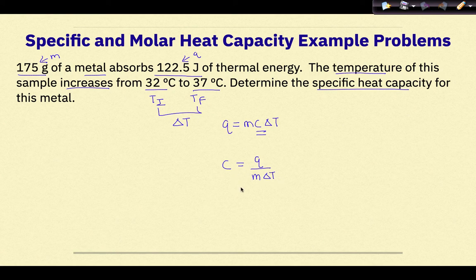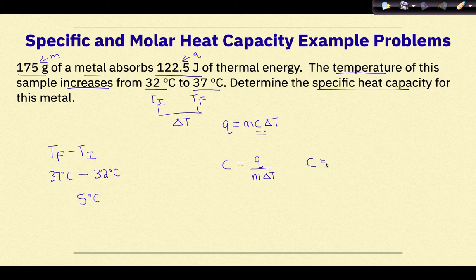Before I plug all my variables in, I'm going to look at this delta T. I can calculate that really quick. Temperature final minus temperature initial. Temperature final is 37 degrees Celsius minus 32 degrees Celsius. If I take the difference there, I get 5 degrees Celsius. Excellent. Now I'm going to plug all of my other variables in.